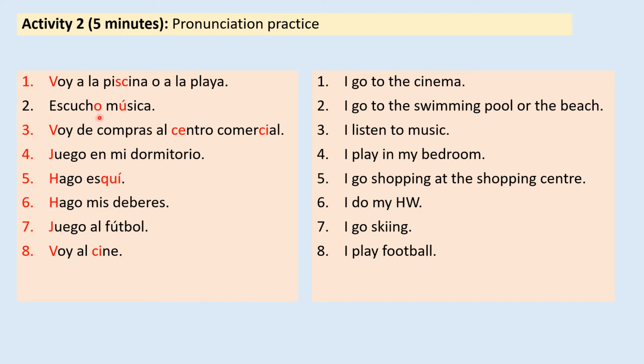I highlighted here the O at the end for number 2, because often I hear students say escucho rather than escucho. So remember, it's got that short, sharp O sound at the end. So repeat after me. Escucho música. Remembering, whenever you have an accent, that's where the emphasis of the word needs to go. Número 3. Voy de compras al centro comercial.